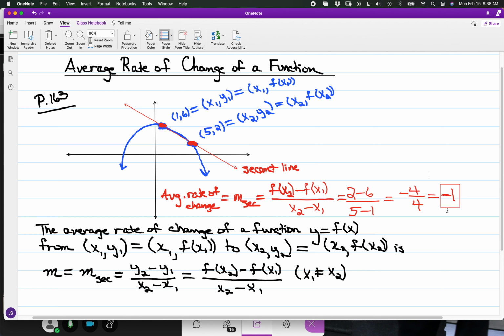And this ties in with what we have with functional values and expressions.